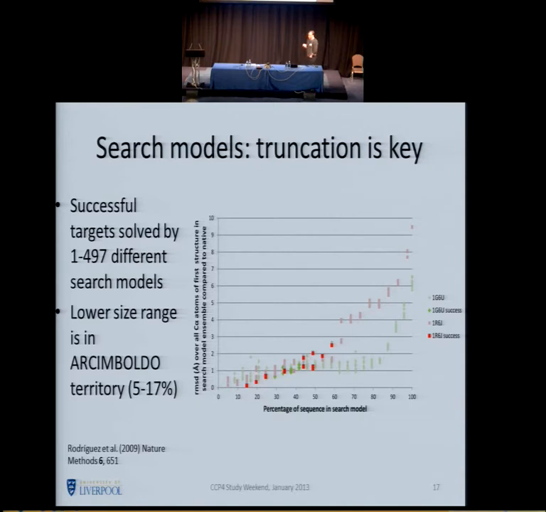But based on that kind of rational truncation idea, we can trim off the worst of that error, and by the time we're down to 60% of the model, we're down below 3 angstroms error here, and we start to see successful search ensembles deriving even from these models which are overall pretty dreadful. And we can see a range of successes here from small, very accurate search models up to larger but somewhat less accurate search models. So the truncation is really a key part of the whole exercise.